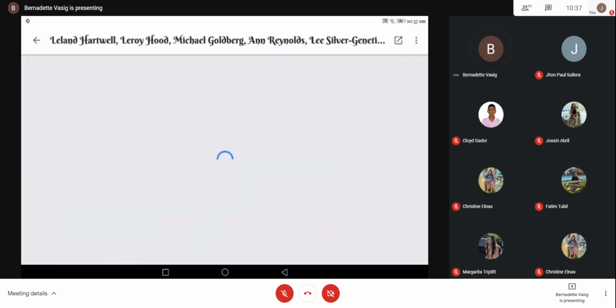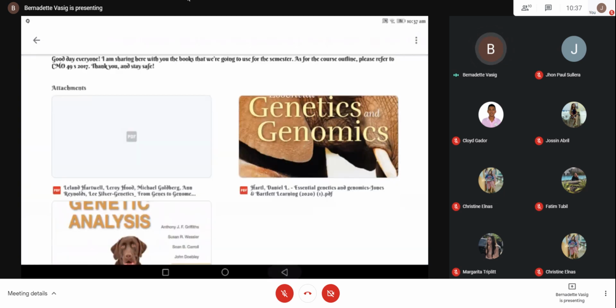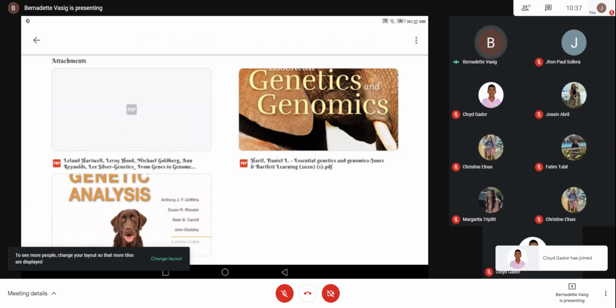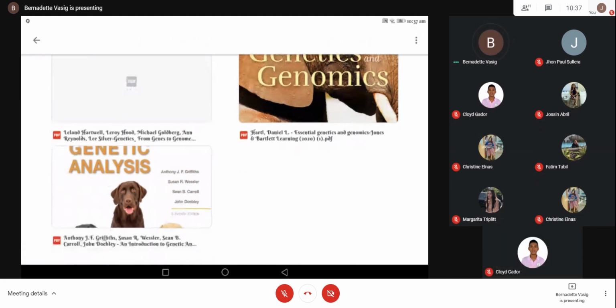And then we also have Daniel Hartl. Daniel Hartl discusses linkage, gene linkage, and recombination in quite some detail compared with the other books. As for analysis, from the name itself, Griffiths is very good on genetic analysis.